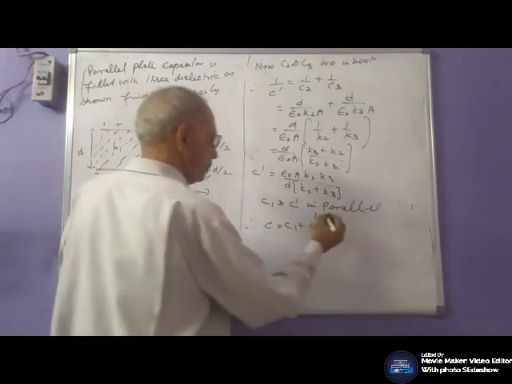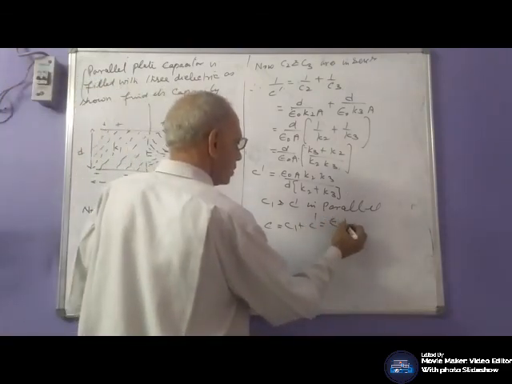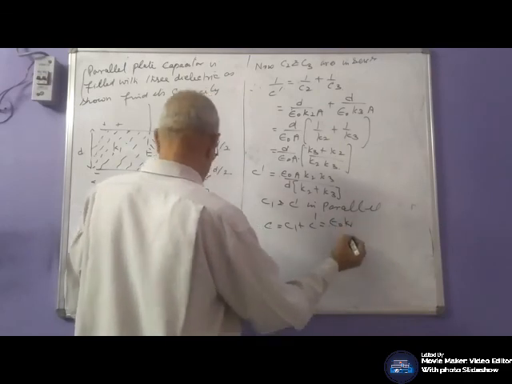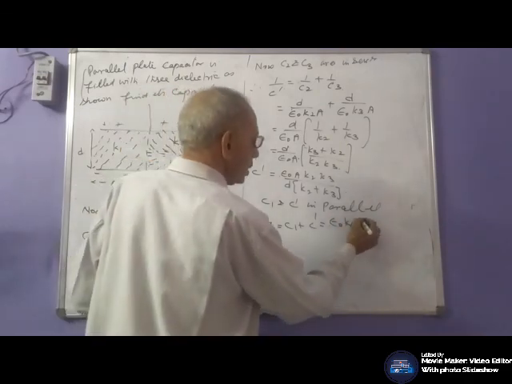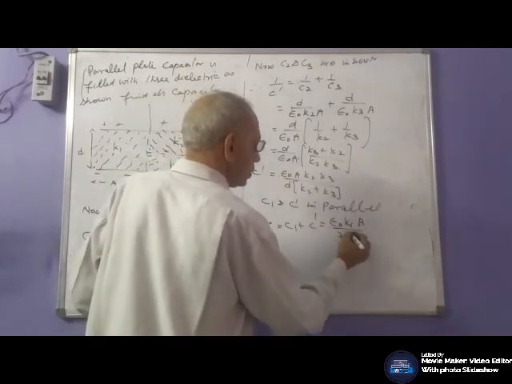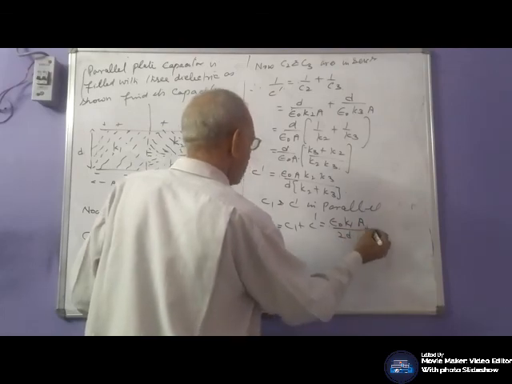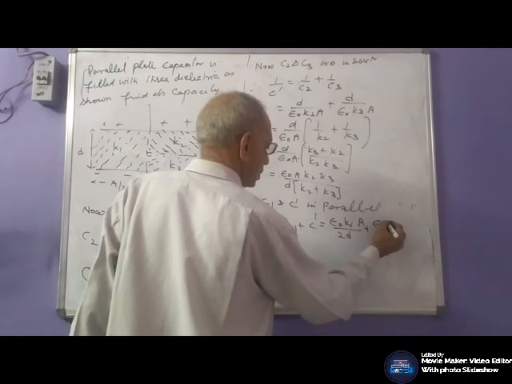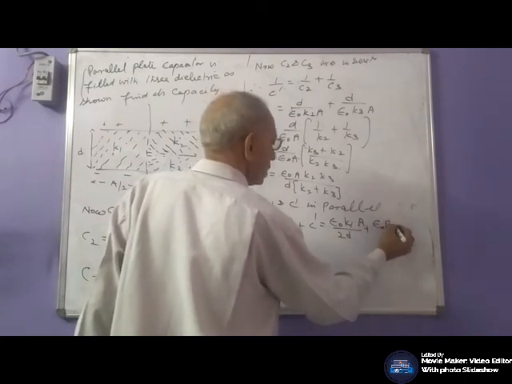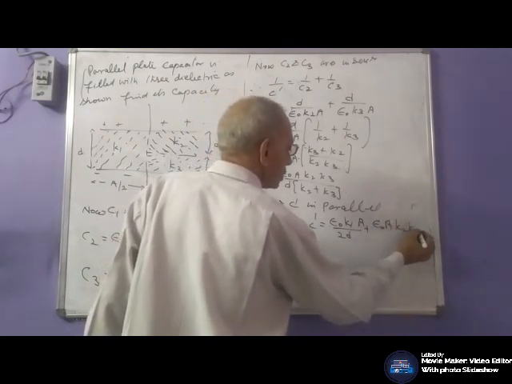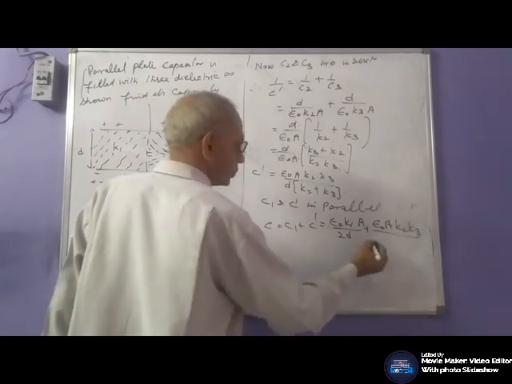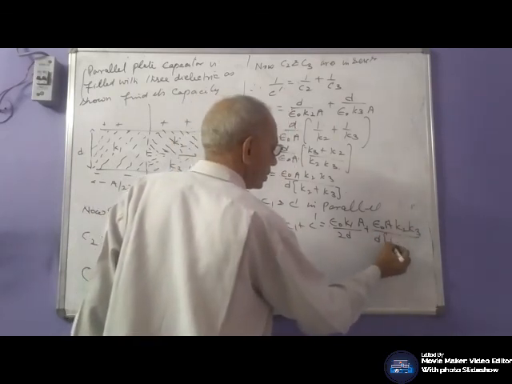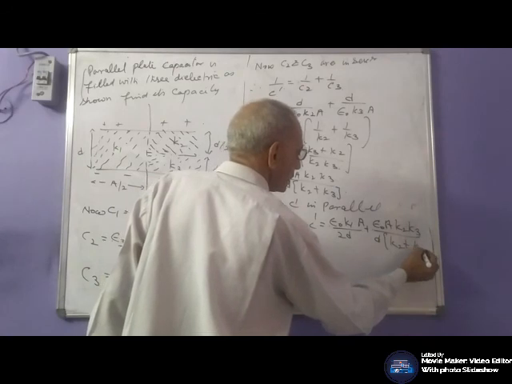This was C1, epsilon naught K1 A by 2D plus epsilon naught A K2 K3 by D times K2 plus K3.